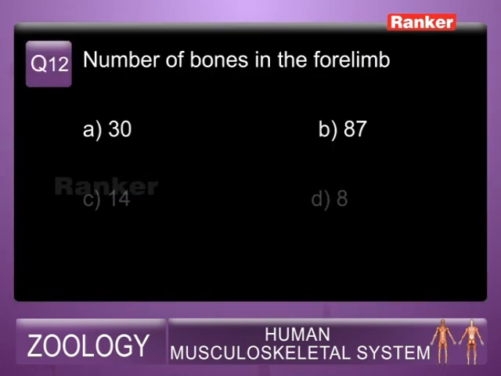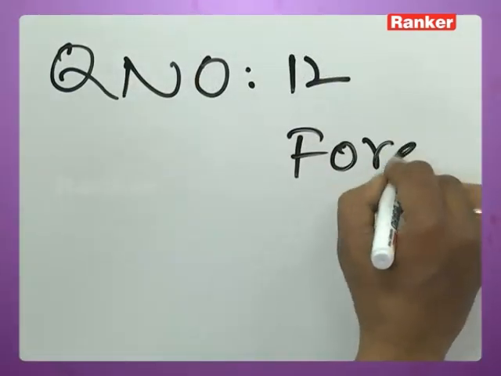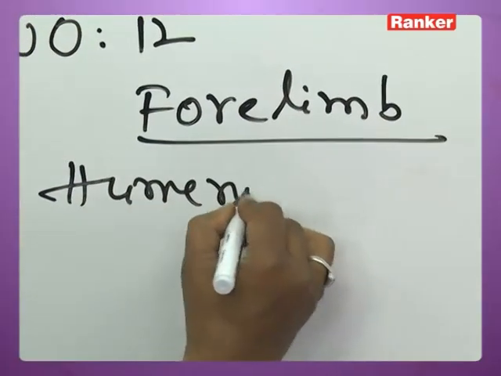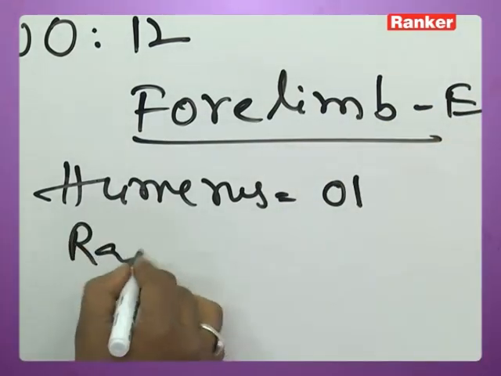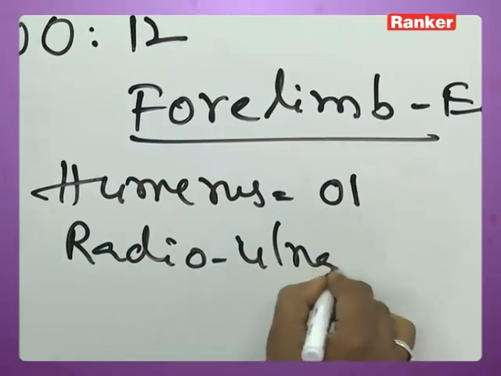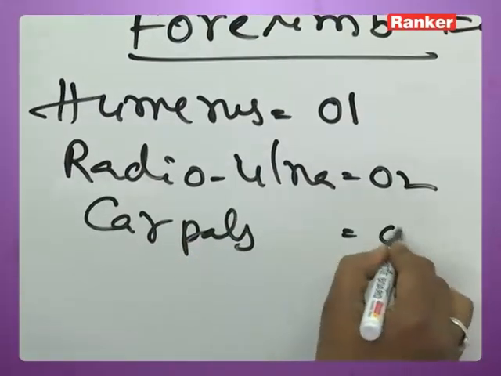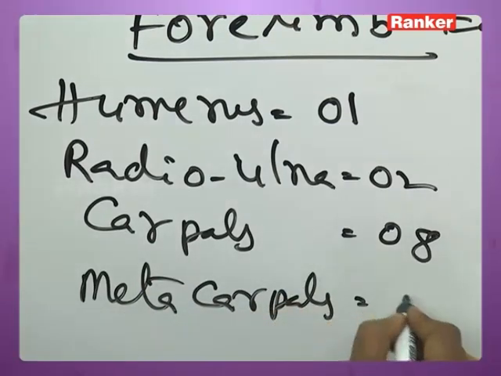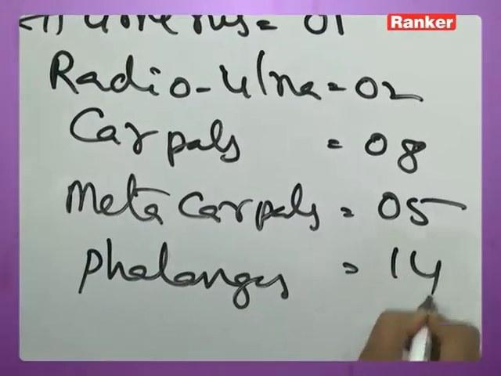Now 12th question, number of bones in the forelimb: A. 30, B. 87, C. 14, D. 8. So forelimb here now, how many bones are present in human being? Forelimb consists of humerus 1, each forelimb if you take, radio ulna 2, carpals 8, metacarpals 5, phalanges 14.